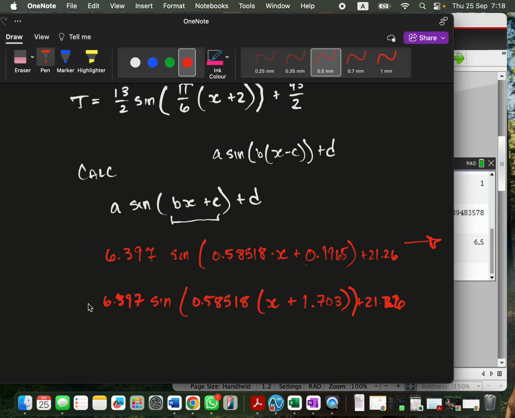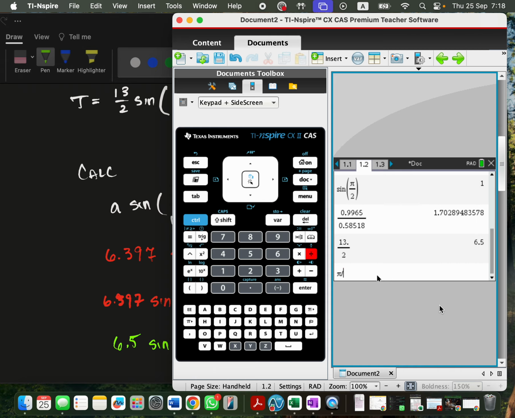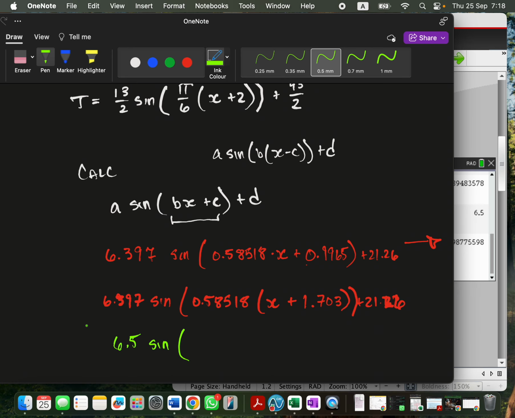Well, we already know that that is 6.5 sine of, well, we need to know what pi over 6 is. pi divided by 6 with the decimal, 5.24. And 43 halves, we already said, was 21.5.